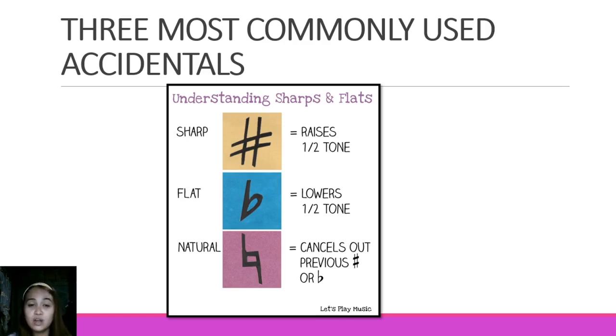Now, let's go to sharp. La, la, la, la. It raises a half tone. And then flat, the last one. It looks like the letter B. It means it lowers a half tone. So, let's compare the natural and then flat.